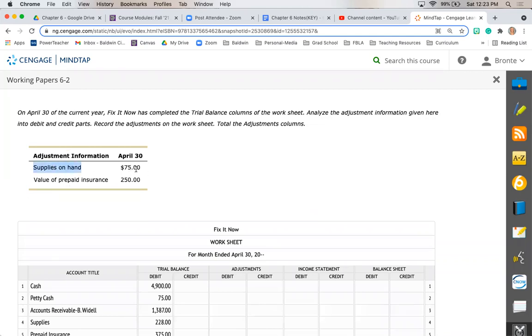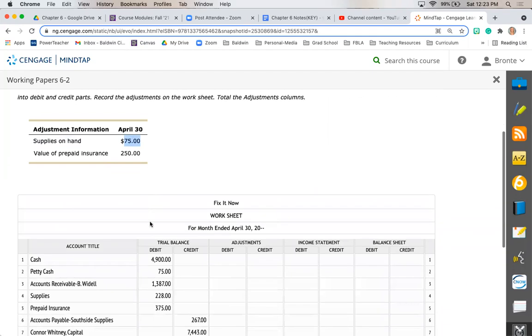Supplies on hand. So this is what we have left in our supplies account, $75. We started with $228. Our adjustment is going to be what we used. So there's $75 left. We started with 228. If I take 228 and subtract $75, I am going to get $153.